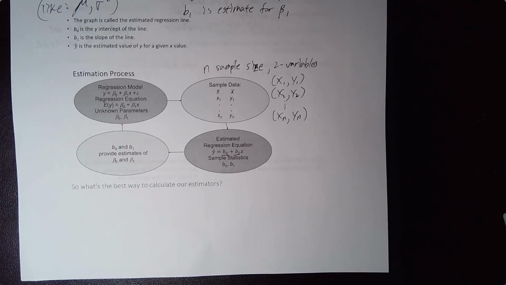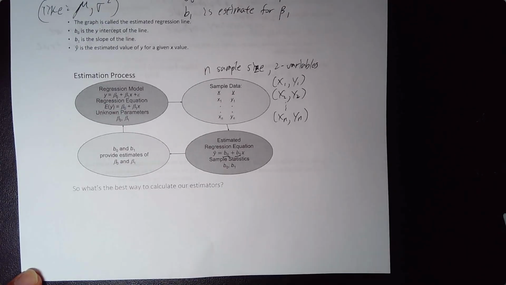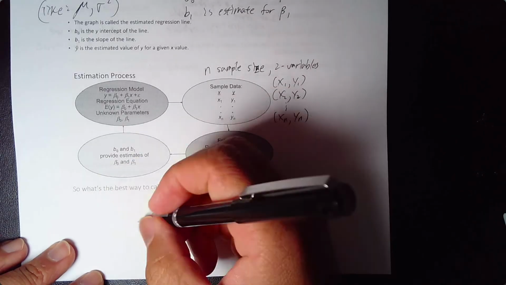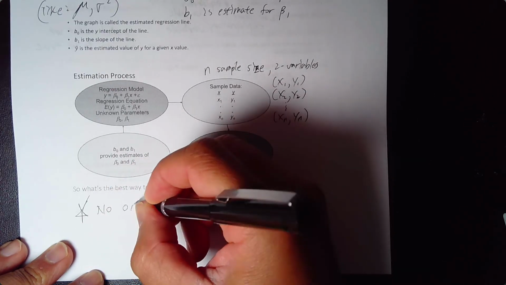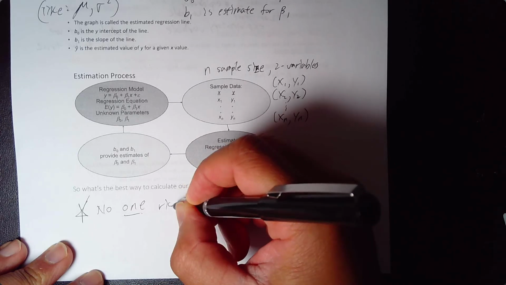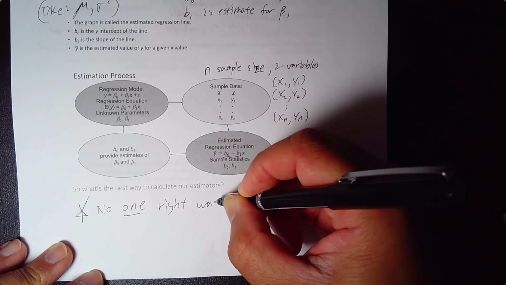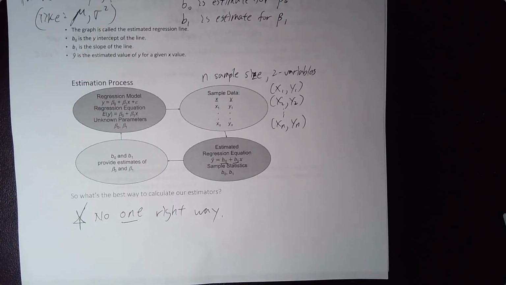So now, what is the best way to calculate our estimator? There is no one right way. I really want to emphasize that there's no one right way. There are many different ways we can estimate. It's just an estimate.